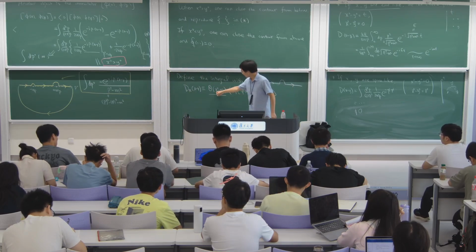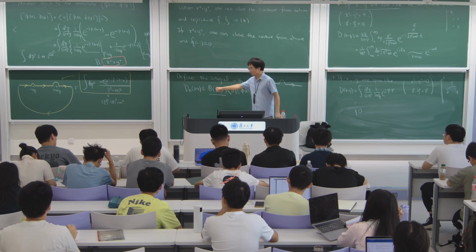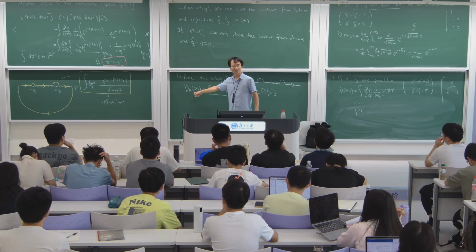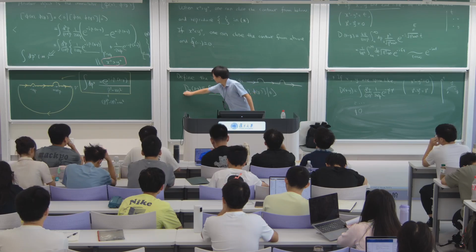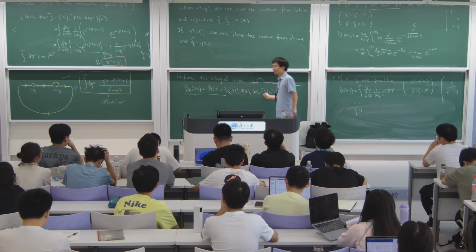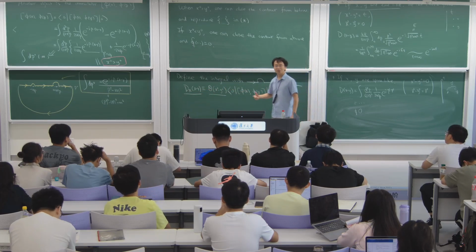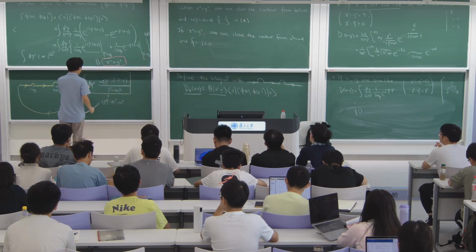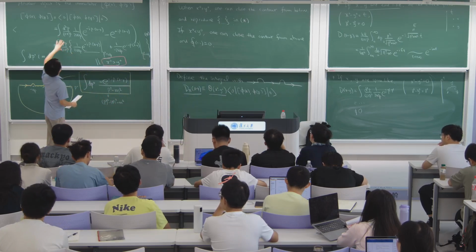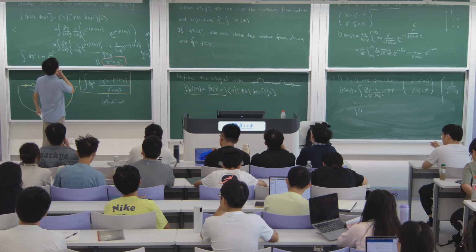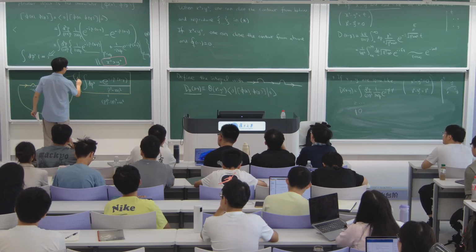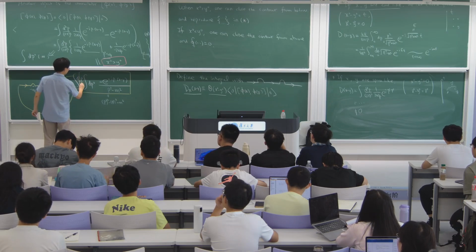Now, if x0 is less than y0, this is 0, so you get 0. Look, which means this definition precisely agrees with this integral, of course together with these three dimensions.